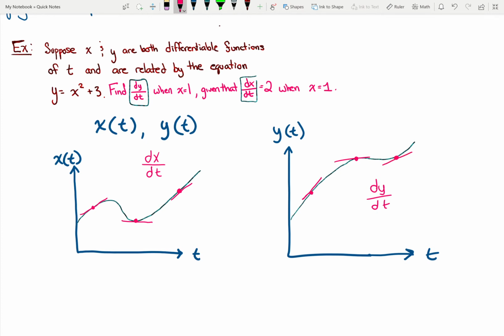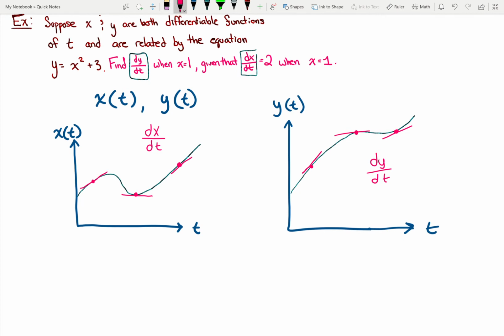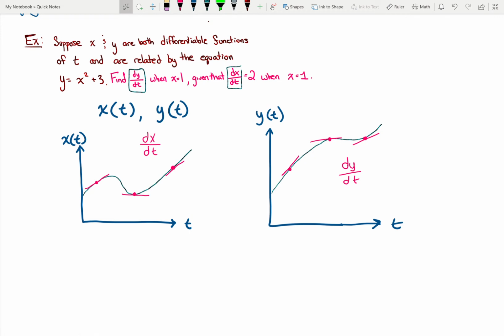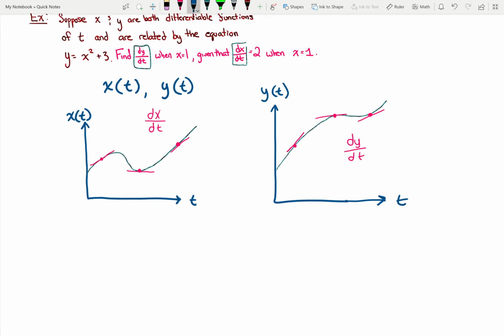Good, so we have a good base of what's going on here. We know that x and y are both functions of t, and somehow they're also related to each other.